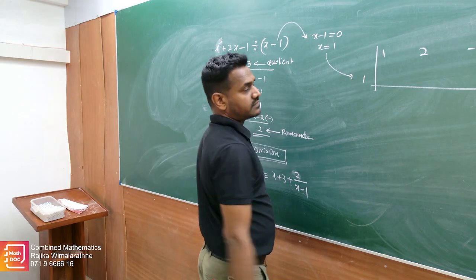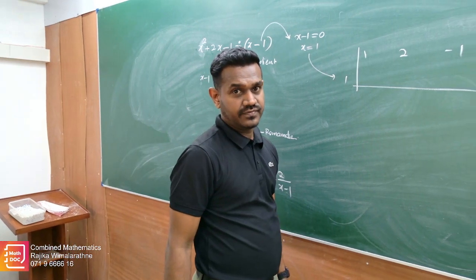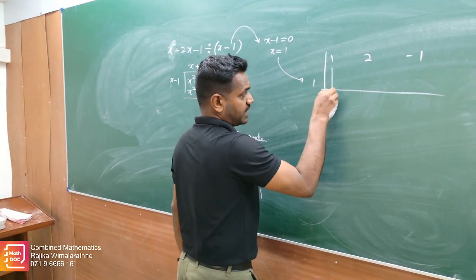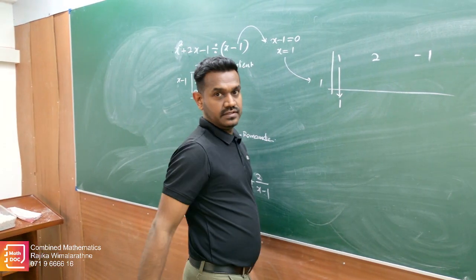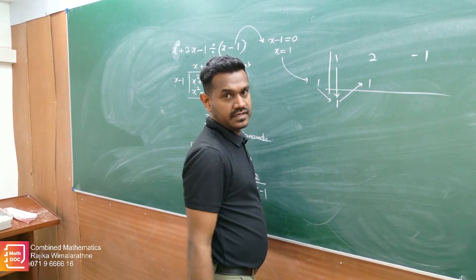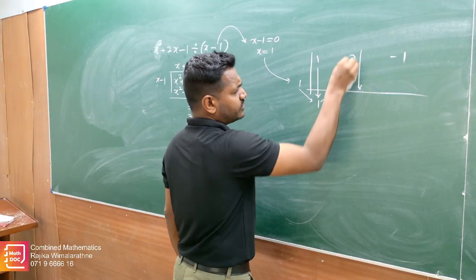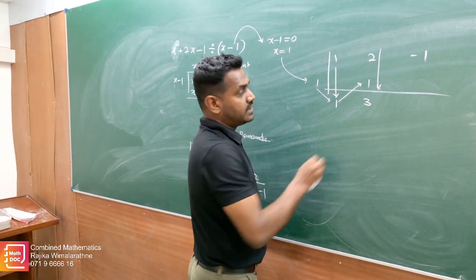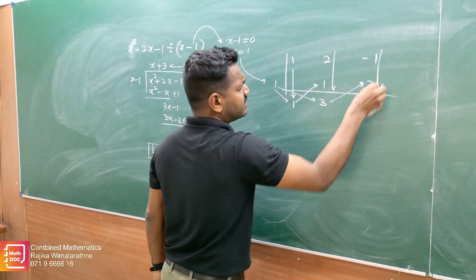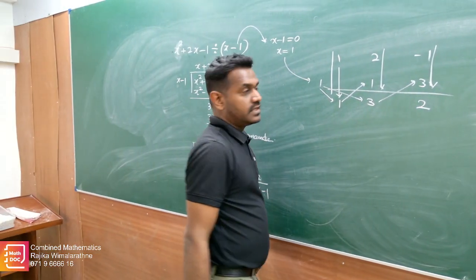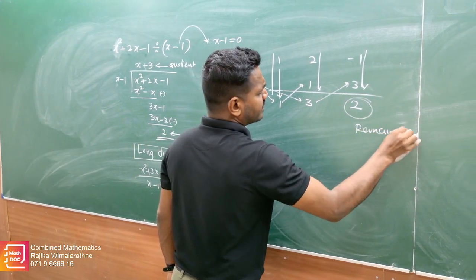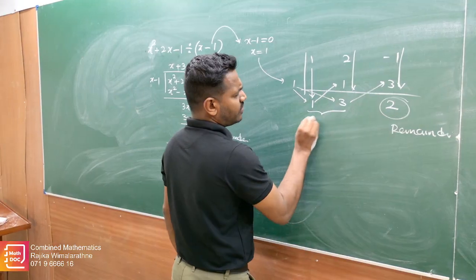You write it here. Then follow this procedure. Write this 1 here. Multiply these two, 1. Add 2 plus 1, 3. Multiply and write here. Add, 2. Then the right-hand corner one we call the remainder, and this is what we call the quotient.